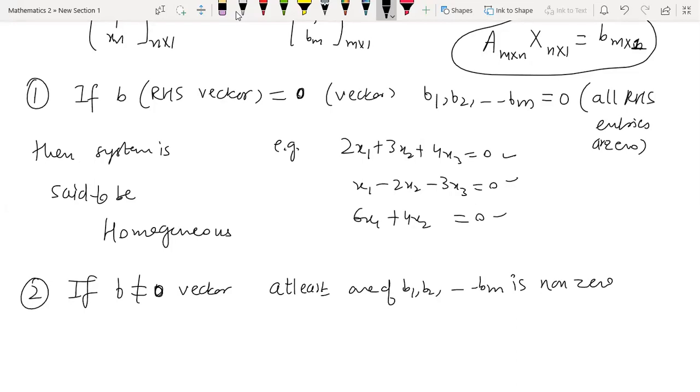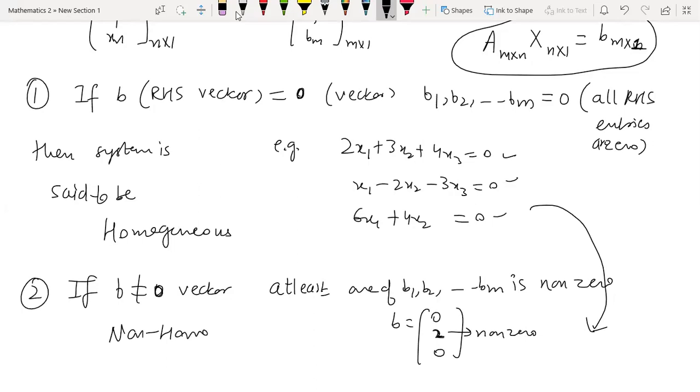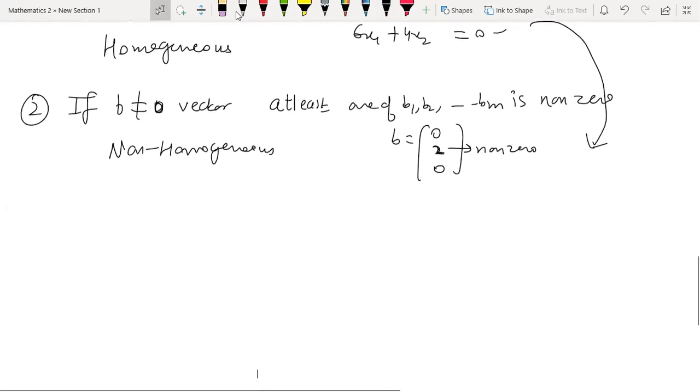For example, the same example, and the right hand side is something like 0, 2, 0. Even if one of the entries is non-zero, that system is said to be non-homogeneous. So I hope that is clear. Right hand side 0, homogeneous; right hand side non-zero, non-homogeneous.